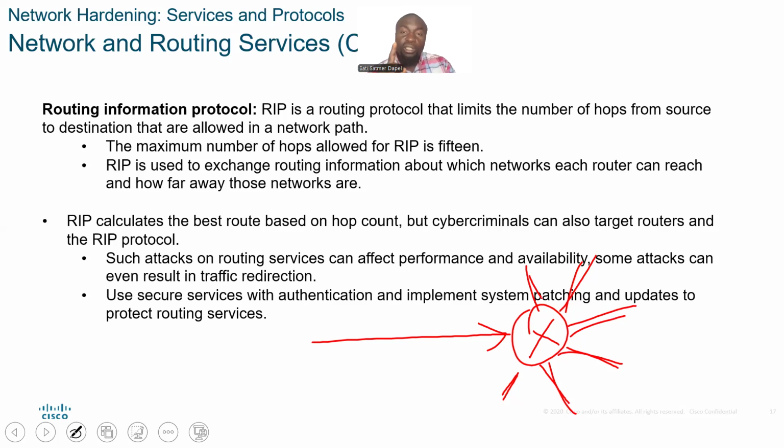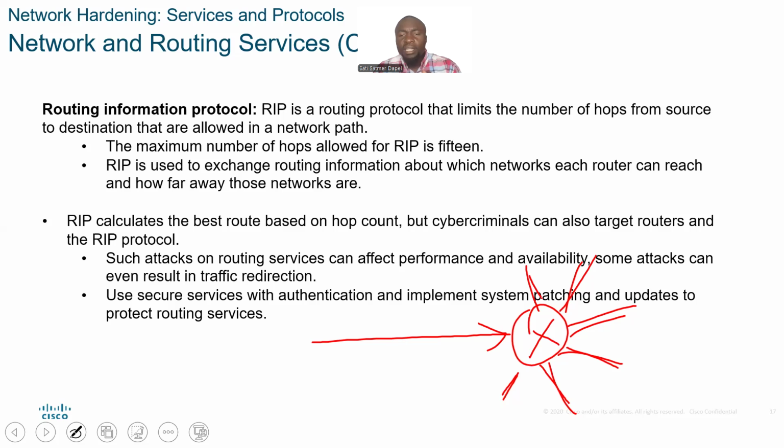Based on the destination, it will say, okay, forward the traffic this way. It will also look at available bandwidth, maybe the congestion on the network, maybe consider some other metrics, then it will decide the path. RIP is one of the dynamic routing protocols that helps the router in making this particular decision.